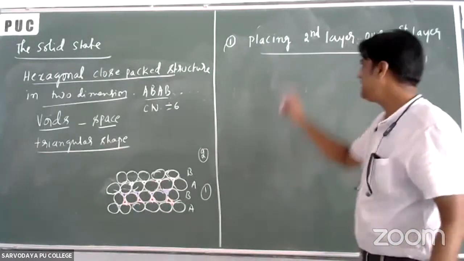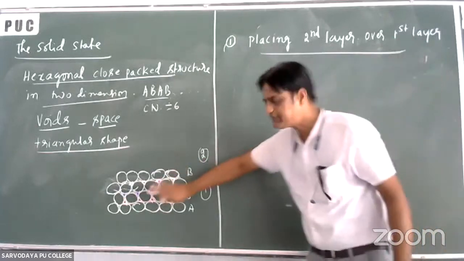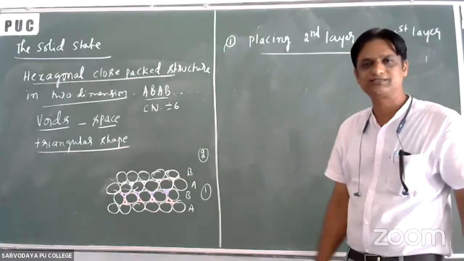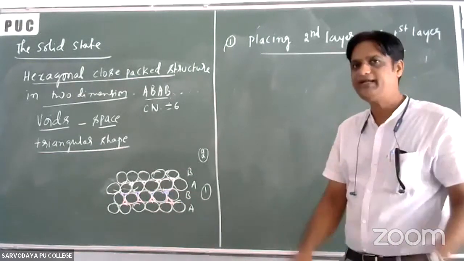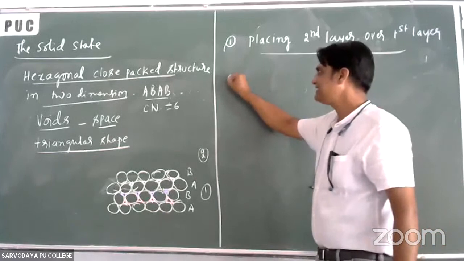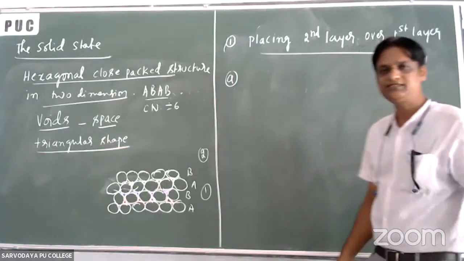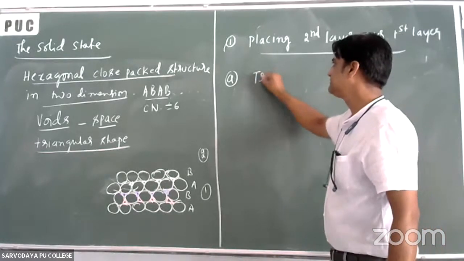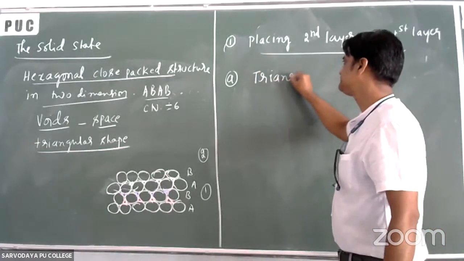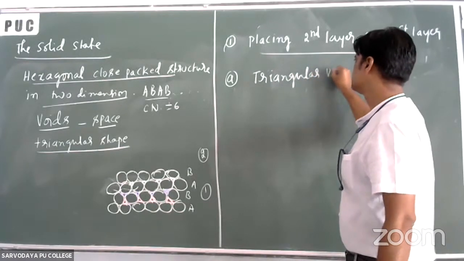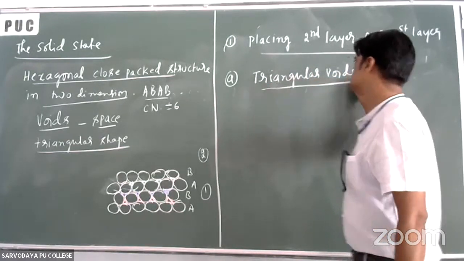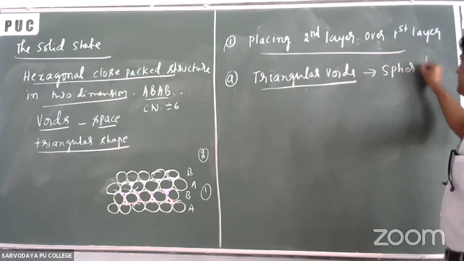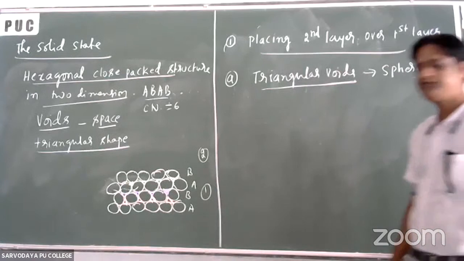See, when second layer is placed over the first layer, all the triangular voids will not be occupied by spheres. See, in first option, what happens? Spheres of the second layer occupy triangular voids. So triangular voids will be occupied by spheres of the second layer.